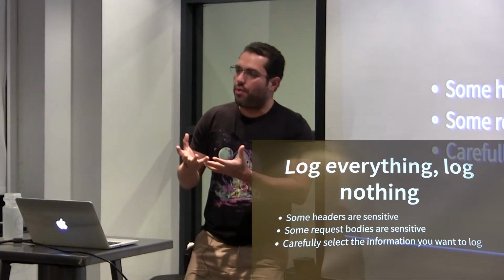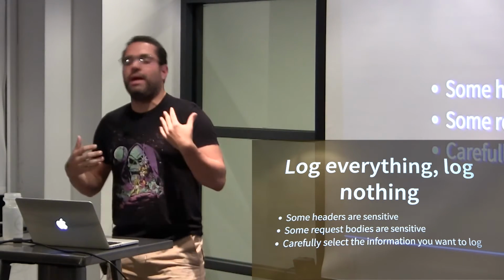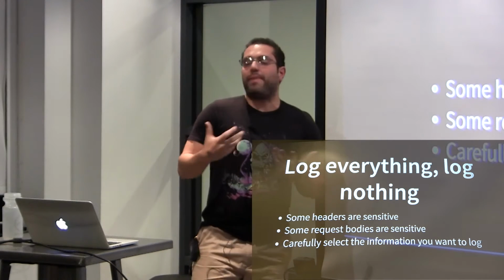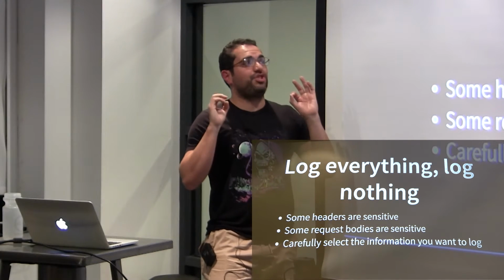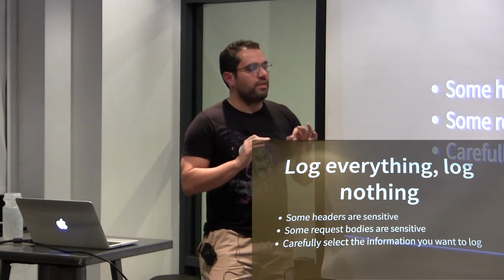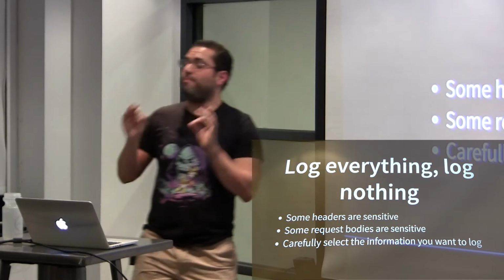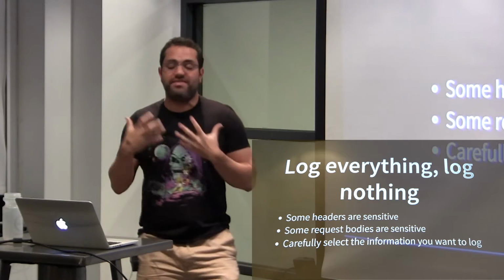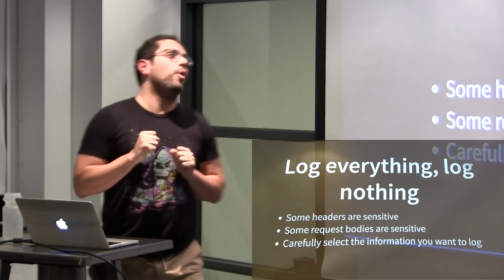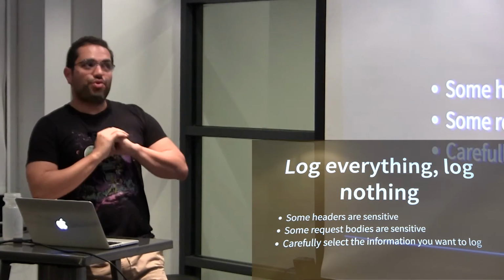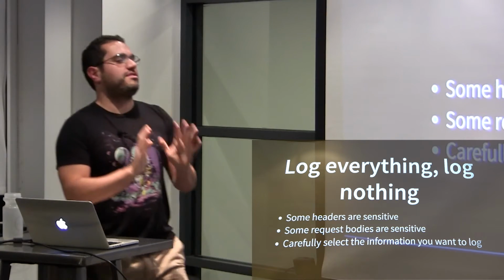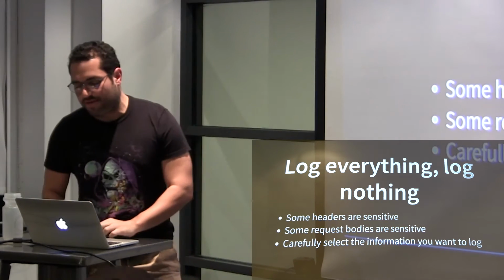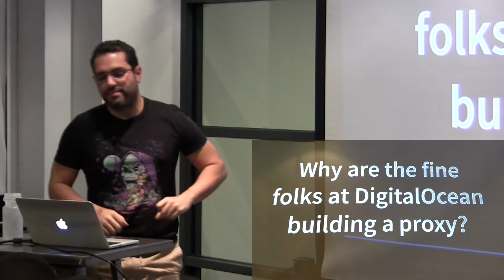So you want to log the request, you want to log the request ID, you might want to log the status that you got back from the server, but you should be extremely careful when logging information about requests, especially request bodies and response bodies, because there could be actual private data for users in there. So only try to log the stuff that you know is 100% safe to be logged.